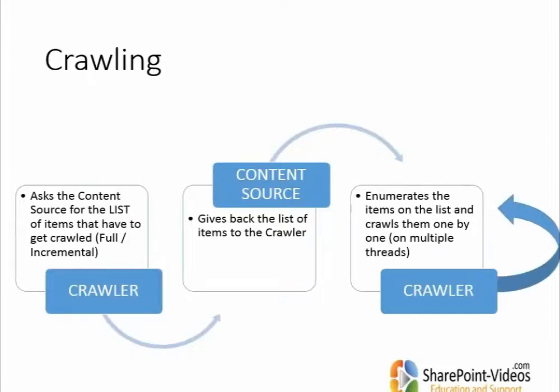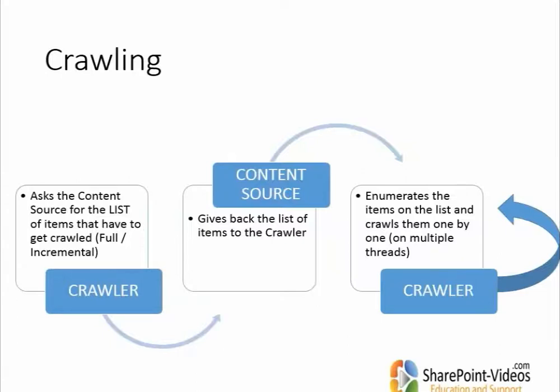And of course, this is a loop. This is a process that has to run until the last item on this list. Just remember this picture because we will use it later.